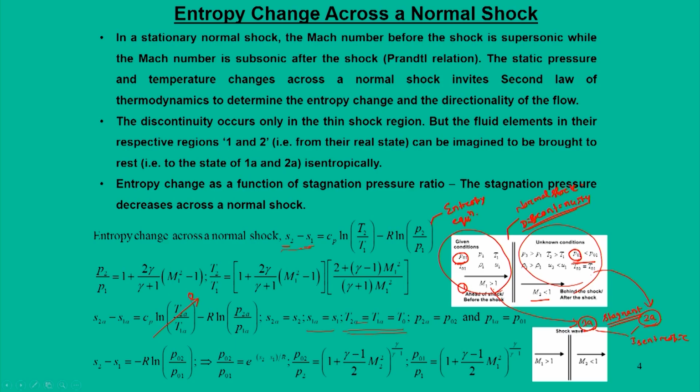From this the stagnation pressure ratio P naught 2 by P naught 1 is equal to e to the power minus (S2 minus S1) by R. This is the very basic fundamental relation, and since it is an exponential relation, it gives rise to the fact that this term is less than 1, which means stagnation pressure must drop.